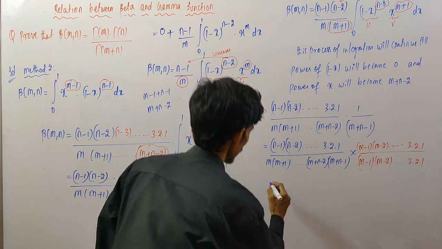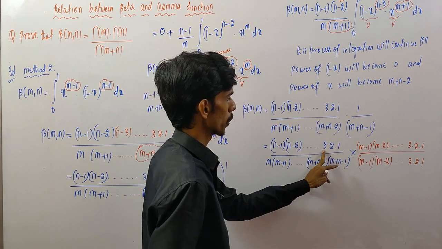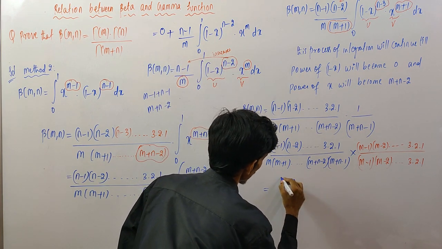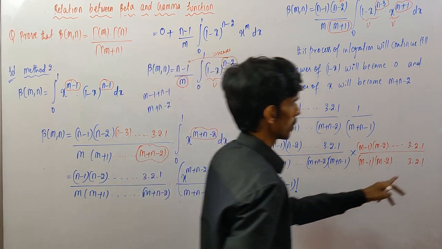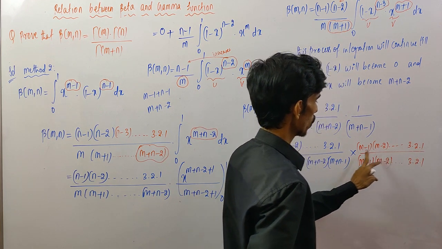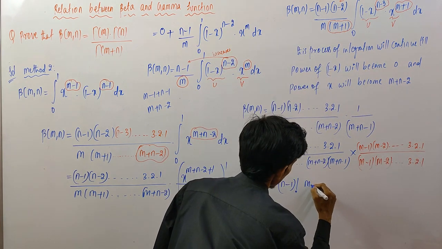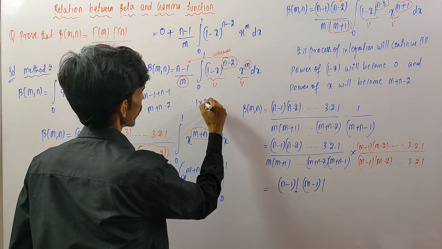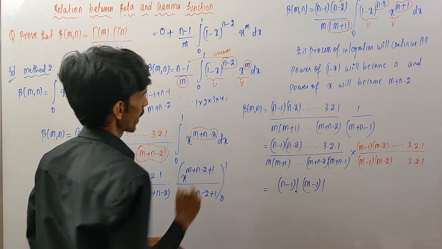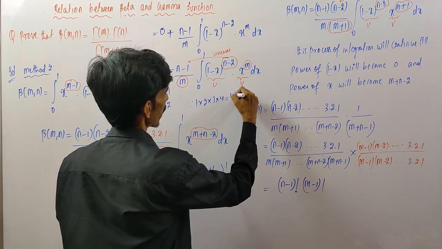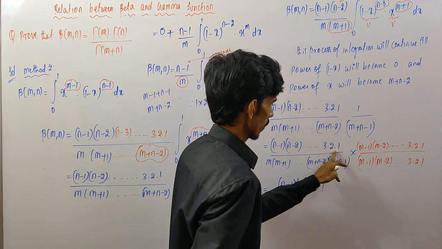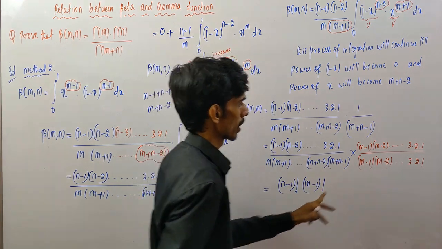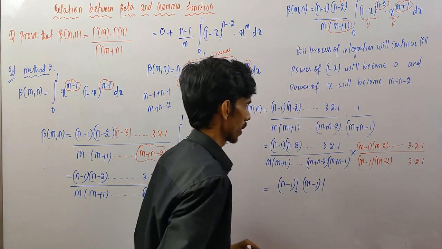Now 1 into 2 into 3 into up to n minus 2, n minus 1 can be written as n minus 1 factorial. Similarly 1 into 2 into 3 into up to m minus 1 can be written as m minus 1 factorial. Since we know that 1 into 2 into 3 into 4 can be written as 4 factorial, as the last value is 4, similarly this product will continue till n minus 1 factorial. Similarly we have m minus 1 factorial.